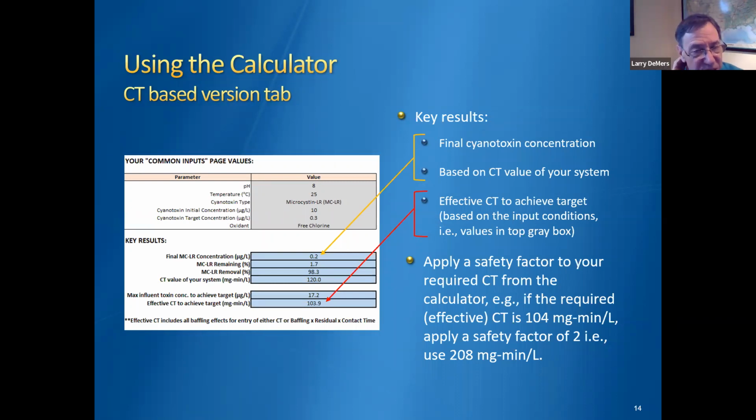We don't have a lot of information on that, but in one of the Ohio evaluations that we did, a pretty extensive study, Tom Waters was involved in that as well, showing that a safety factor of 2 probably is pretty close to maybe what needs to be applied. And again, it just accounts for some variability that can happen.